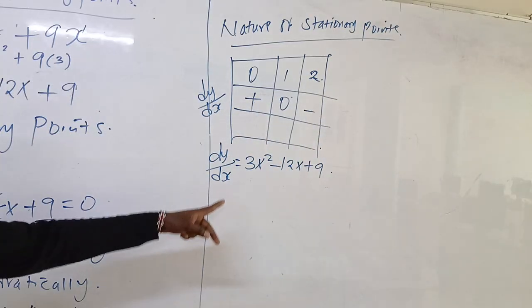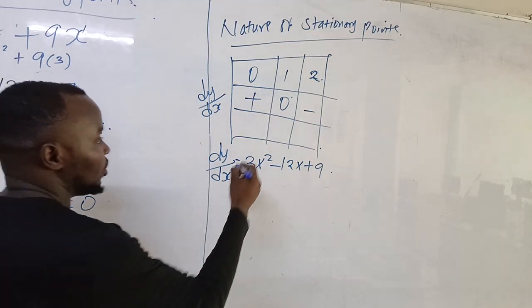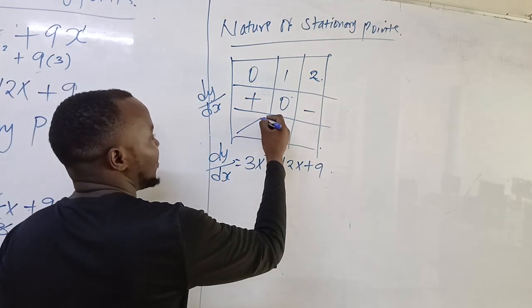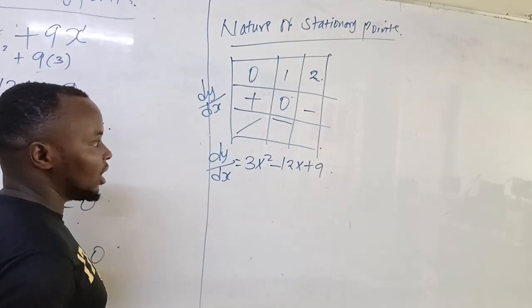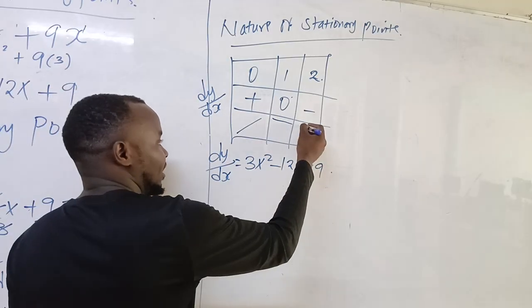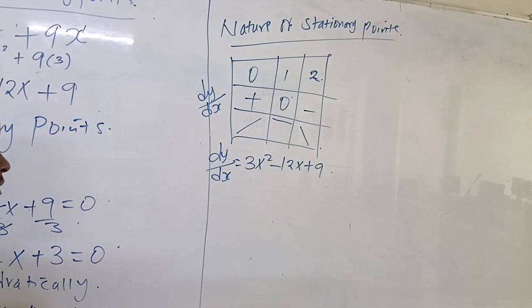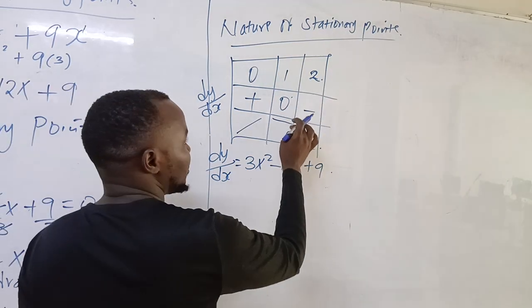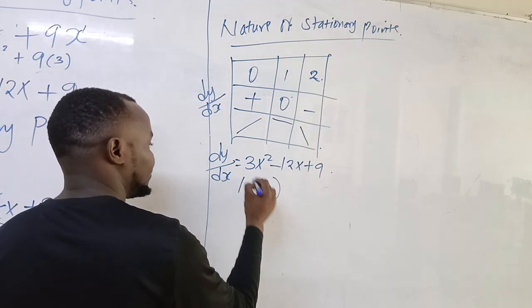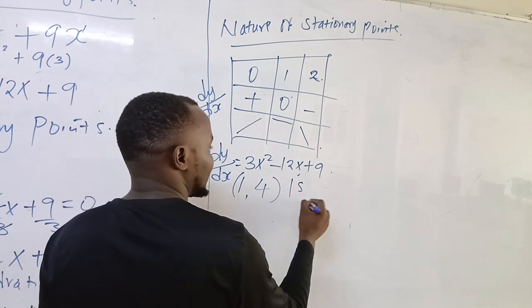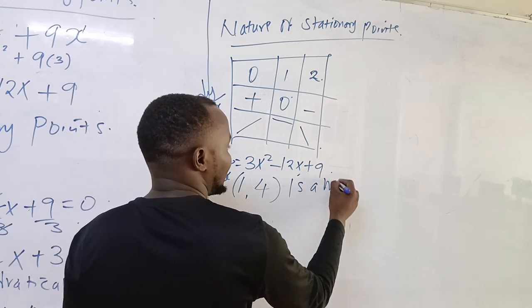So when it is positive, 0, and then negative, we normally have the positive as an upward sloping curve, a point which is stationary, and a downward sloping curve. So therefore, this point that we have here, we state that 1, 4 is a maximum point.